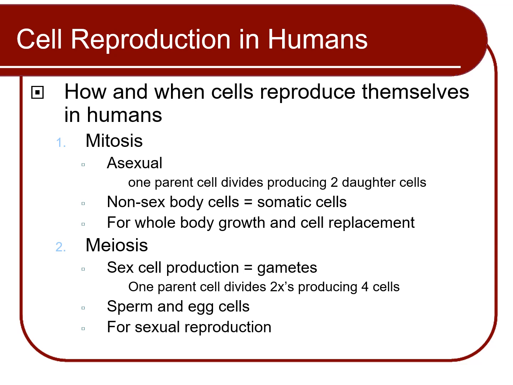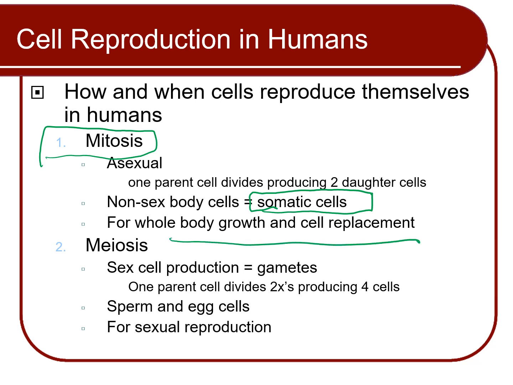So mitosis is the process of making somatic cells, that is, all cells except for sperm and egg cells. And that's the process that's used for all your growth and cell replacement. From the time you were a fertilized egg of 1 cell to your current state where you have trillions of cells, you got from 1 to trillions by mitosis.